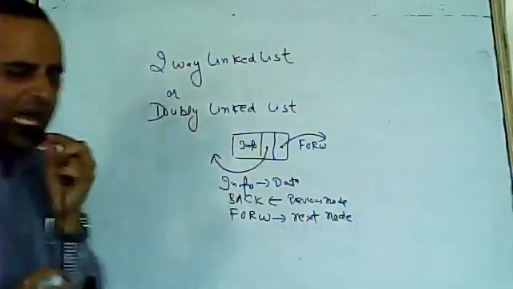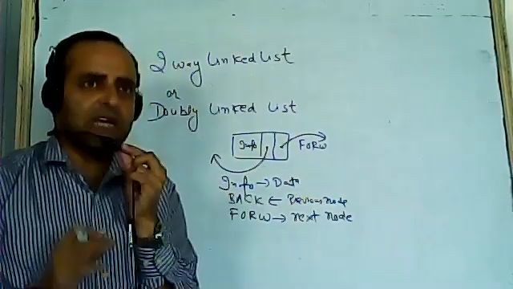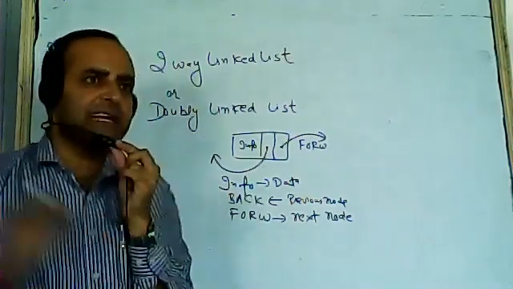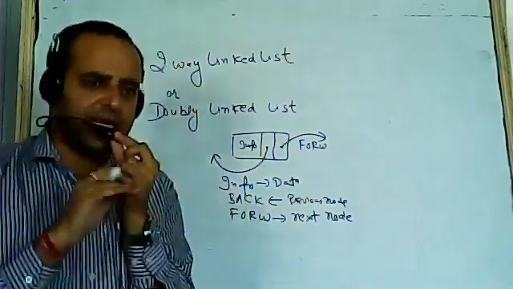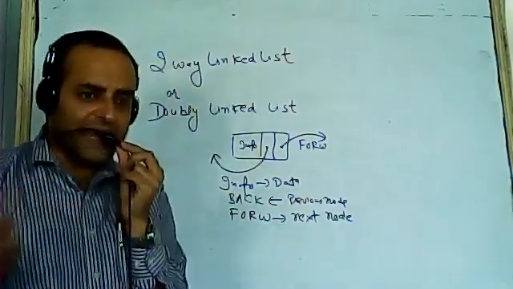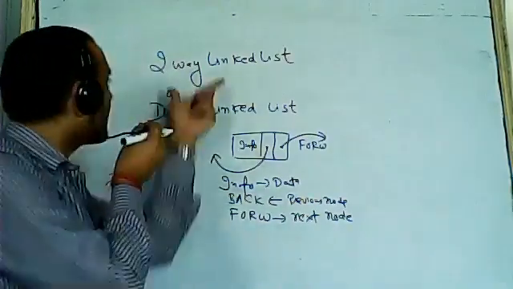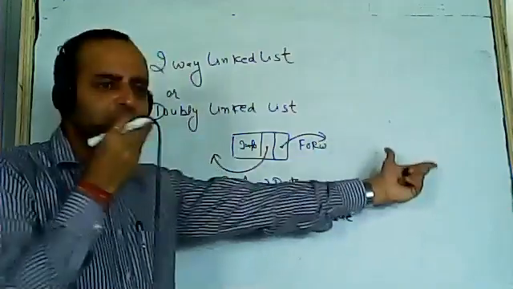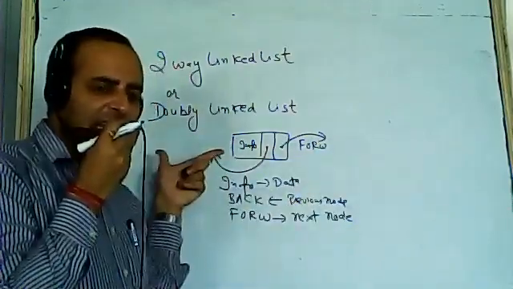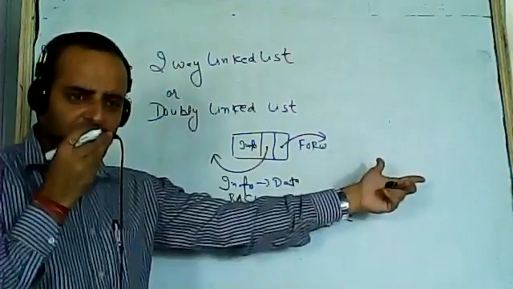So here we don't have data and pointer only. We have two pointers. That is why we call it two-way, because we can go in this direction also, and in this direction also. We can traverse this list in this direction, and vice versa also.